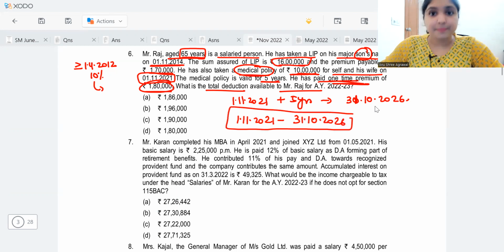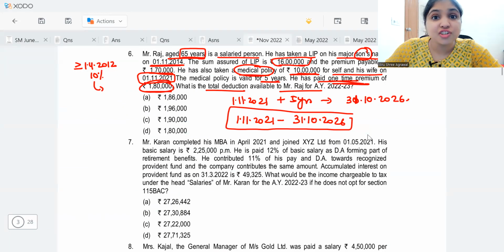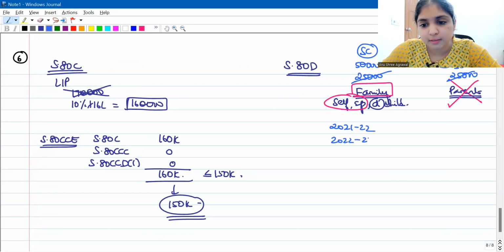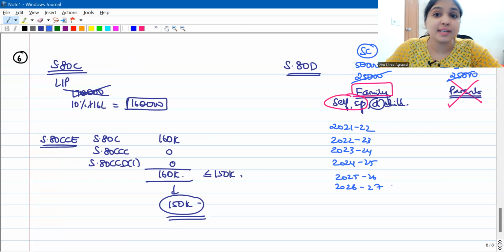This period covers how many previous years? This period covers previous year 21, 22. What are the previous years it touches upon? 21, 22, then 22, 23, then 23, 24, 24, 25, 25, 26, and till 31st October 2026, which means even 26, 27.